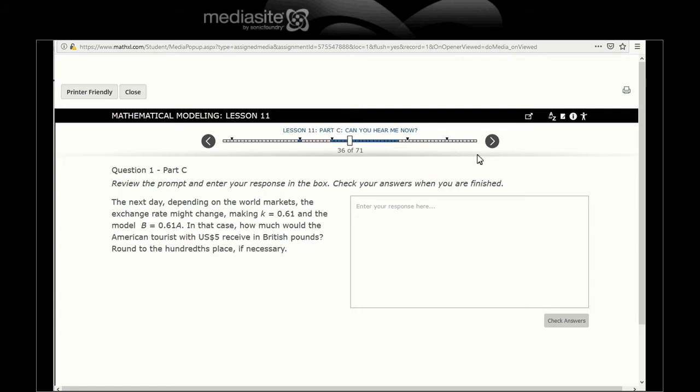Okay, next day, depending on the world market, the exchange rate might change, making K equal 0.61. And the model becomes the British pound equals 0.61 times the American dollars. In that case, how much would the American tourist with US $5 receive in British pounds?